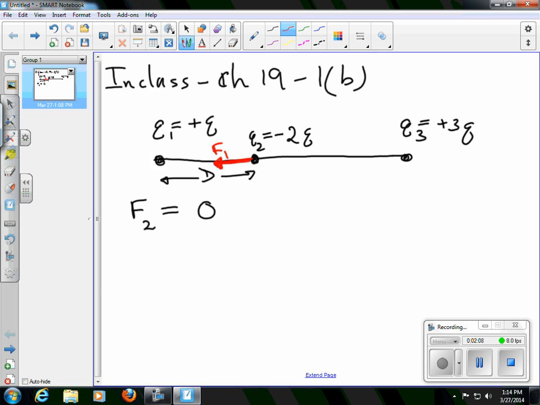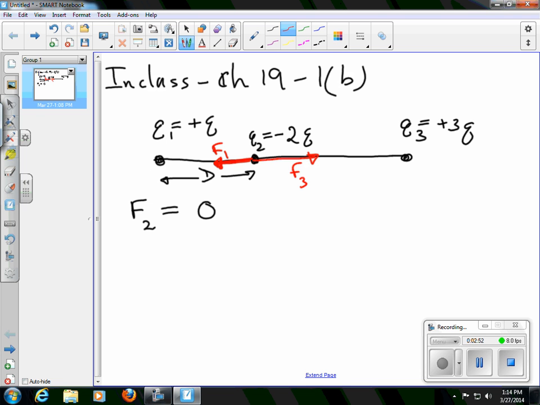Q2 and Q3 are attractive. Do you see that? If they are attractive, then it is going towards the Q3 charge. Force on Q2 from Q3 means the force exerted on Q2 by Q3.